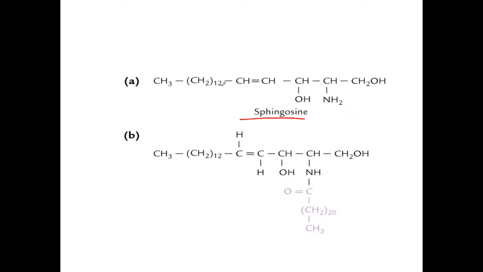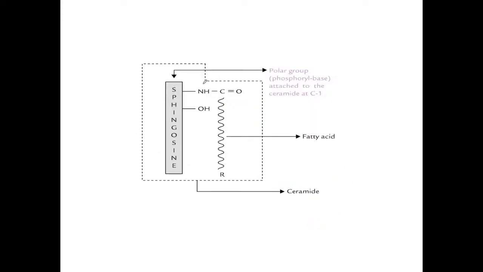Here we can see there are 12 carbon atoms, with CH3, a CH double bond, and so on. This is the polar group mostly, which has the phosphoryl base attached to the ceramide at carbon 1, then it is attached to the ammonia, then carbon with a double bond with this fatty acid, and this whole is known as ceramide.